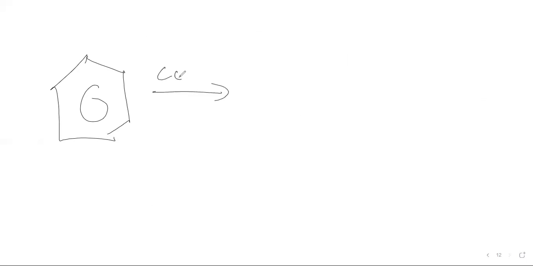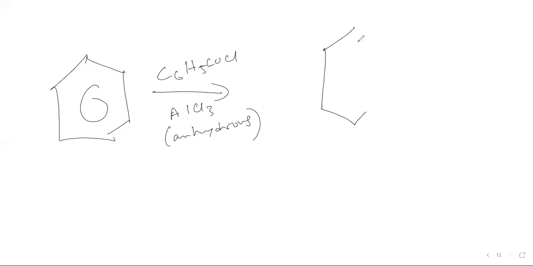Now let's do some examples. Let's say we have this benzene and we add C6H5COCl, and AlCl3 in anhydrous condition. We are performing this sort of reaction, and let's say we got some product.